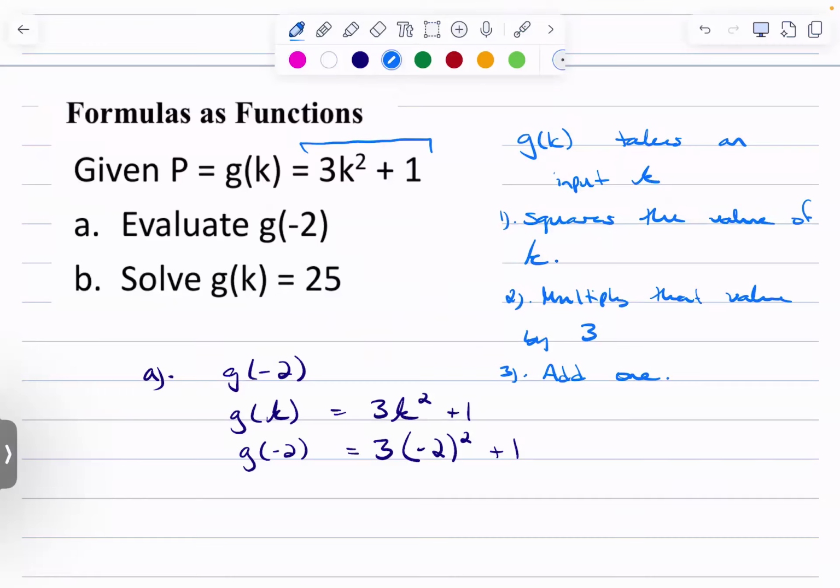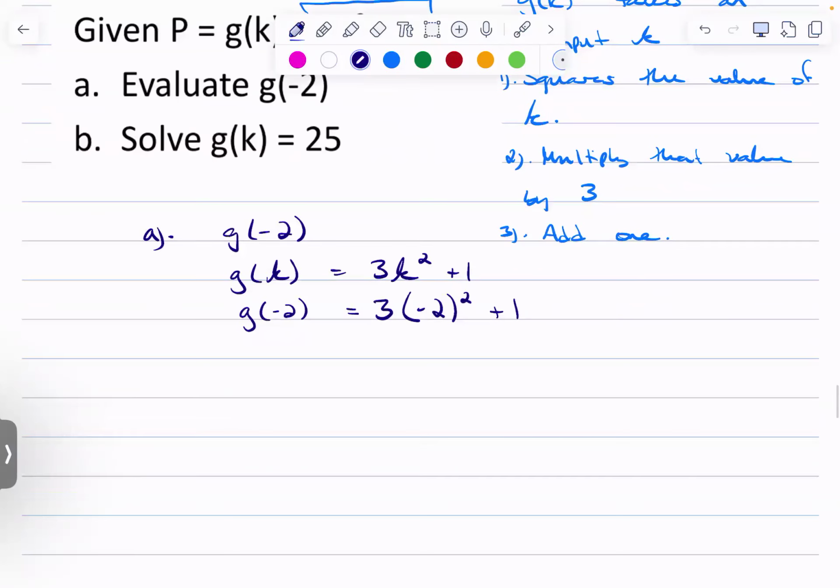So now if k is -2, first thing we're going to do is we're going to take -2 squared. -2 squared is 4. So I get 3 times 4. Careful on your calculator. Squaring any value should give you a positive value, okay?